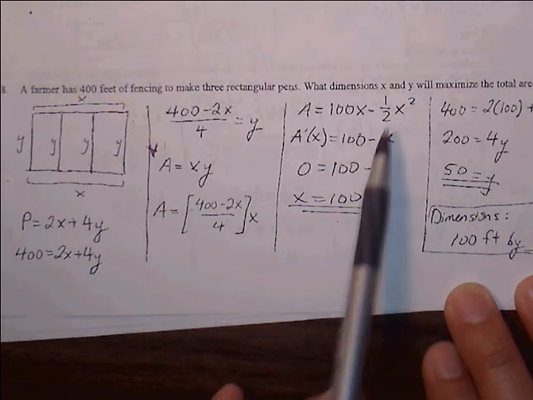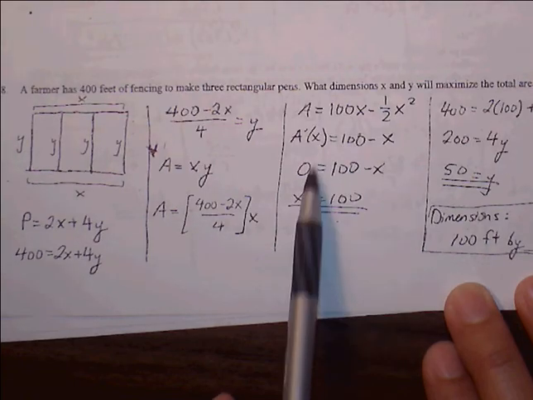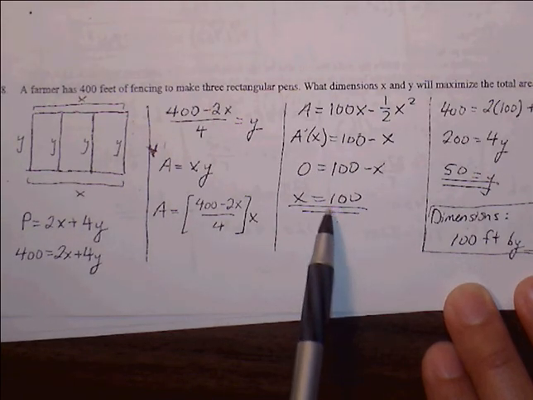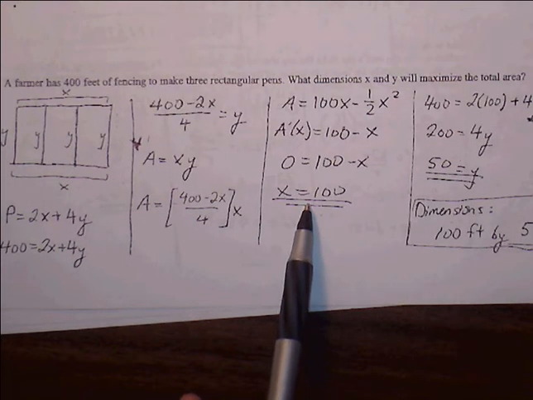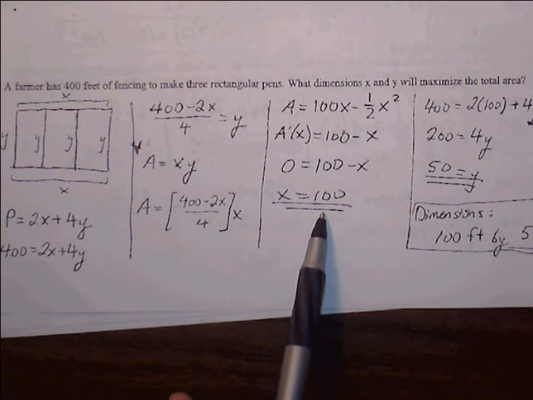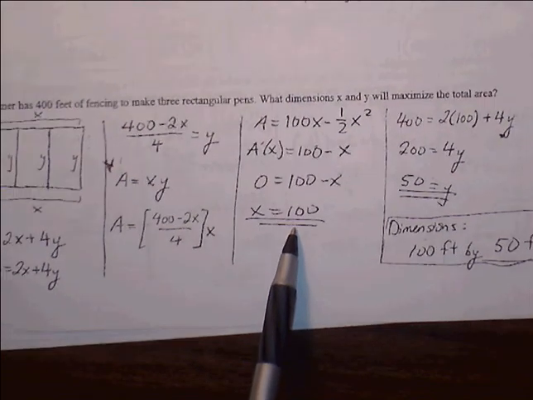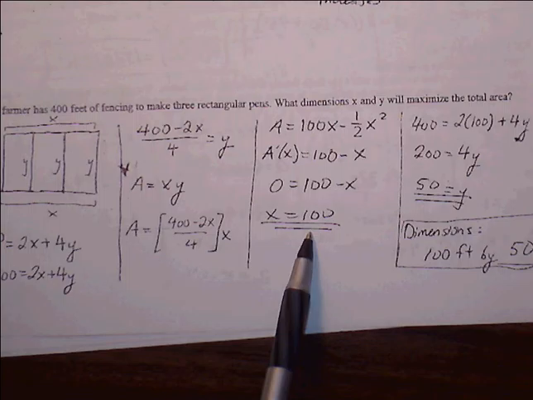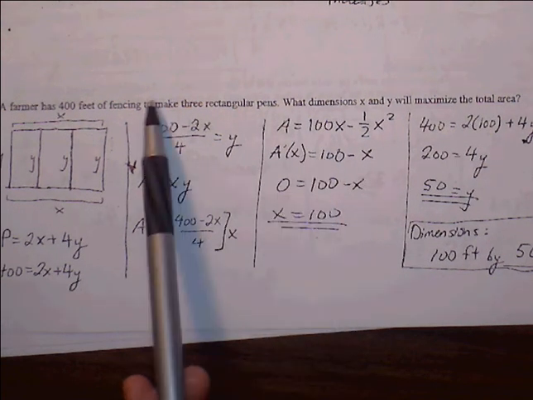We find the derivative. 100x becomes 100. 1/2 x squared becomes x. We set our derivative equal to 0. We solve for x. x equals 100. So the maximum area will be when x is equal to 100. So when x equals 100, we can use this equation to solve for y, because we're trying to find the other dimension, the width.